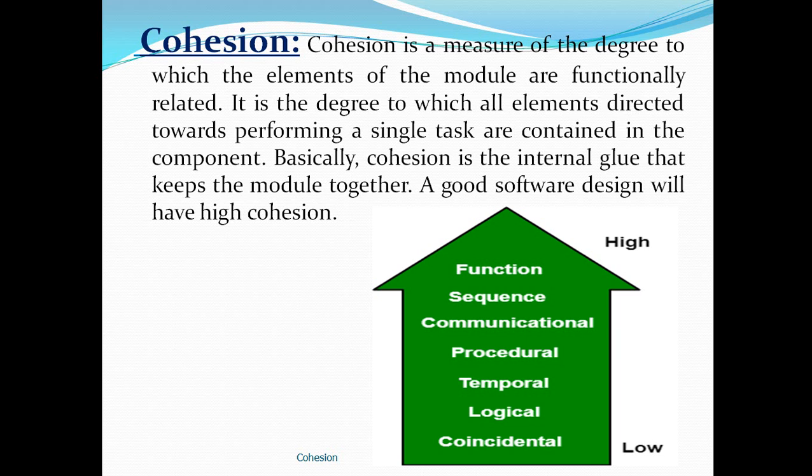So it is clear that cohesion performs a single task and describes how the internal elements of a module are bound tightly to each other, and it can be classified into 7 different categories. The first one is functional cohesion, which performs a single task.